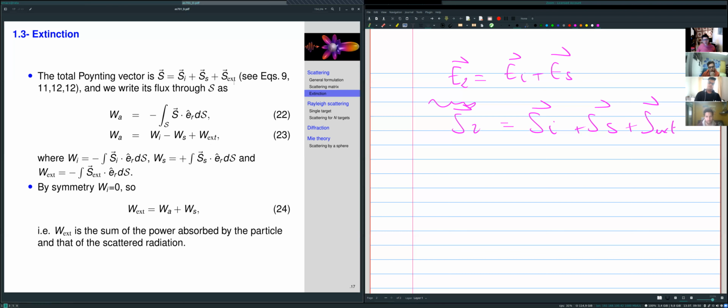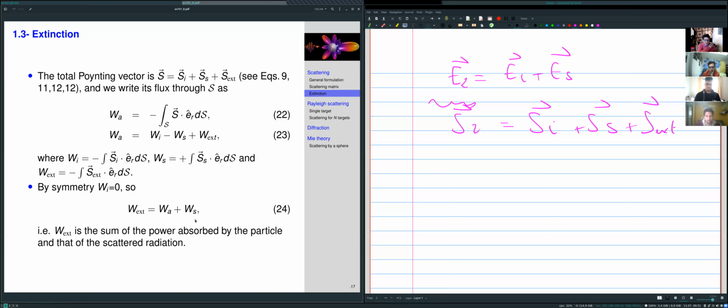This is like a cross term. If we are very far away from the particle, then all that remains is just these scattered fields, and this is what is being radiated away. But that's not necessarily equal to the total flux through the sphere, which would be the difference between this extinction term and the scattered terms.